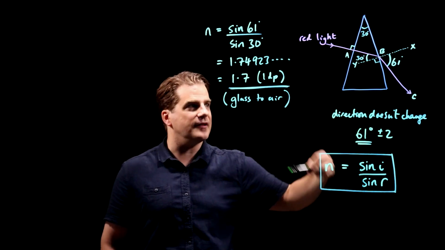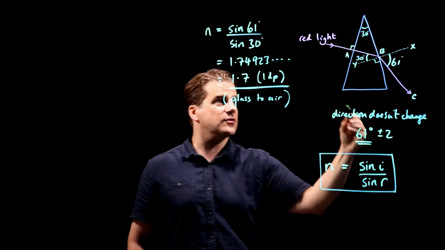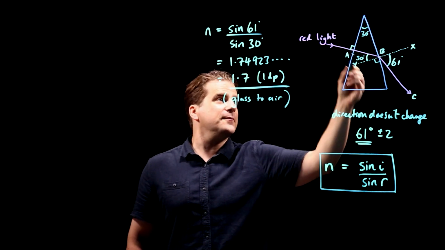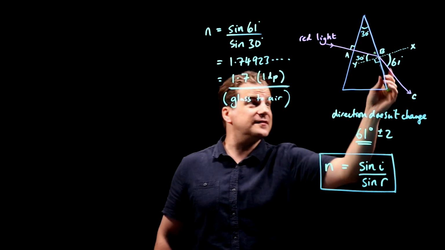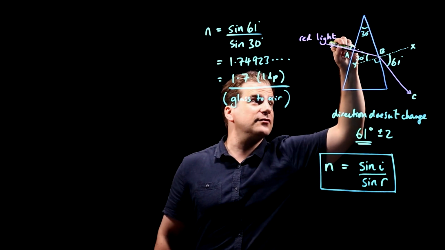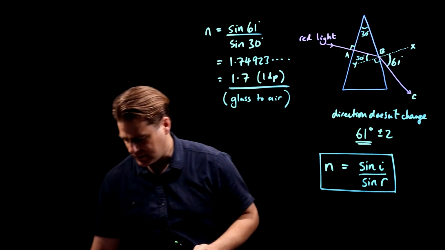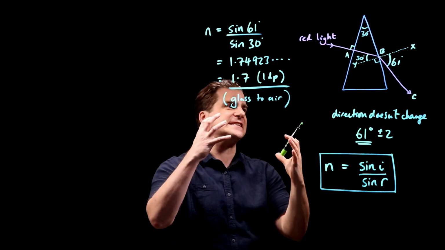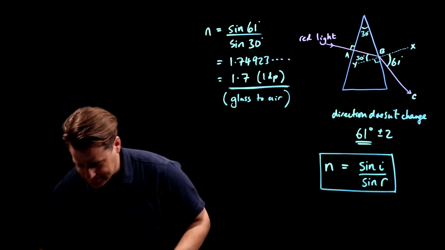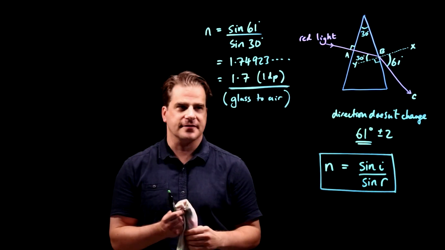So that's why they've deliberately made this question confusing. The direction of the ray in this question is not, at least at B, at A it is, at B, the direction is from glass to air, not from air to... I meant air. I meant air to glass.